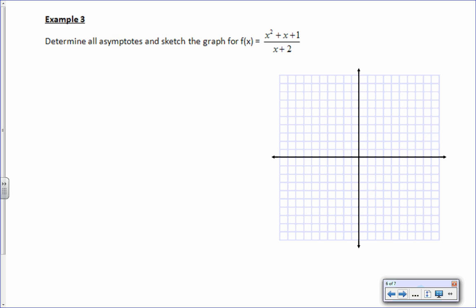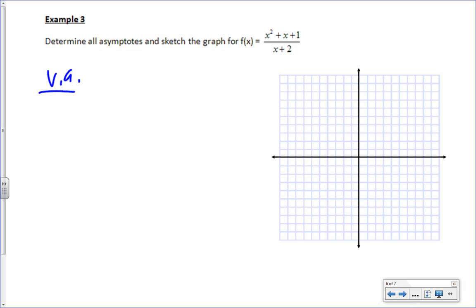Here we go. Determine all asymptotes and sketch the graph for that. So possibly somewhat misleading directions, correct? Because there might be a hole. Is there? Does the numerator factor? It has to multiply to be 1, add to be 1. Yeah, not happening, right? It doesn't work. So we have to figure out what type of asymptotes we're going to have. Will we have a vertical?